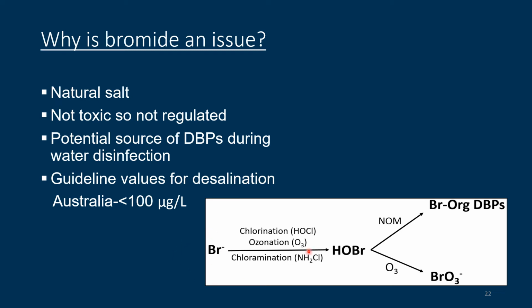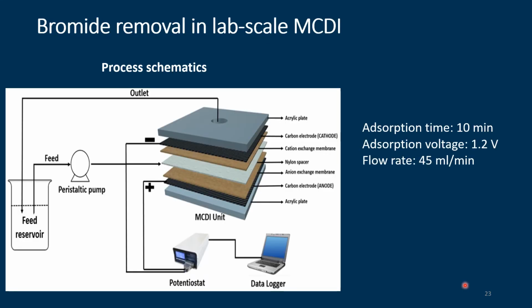Bromide combined with chlorine, ozonation or chloramine produces HOBr, and then combined with NOM or ozone, you create very harmful carcinogenic compounds, DBPs or bromate compounds, as disinfection byproducts. So we try to remove this bromide.